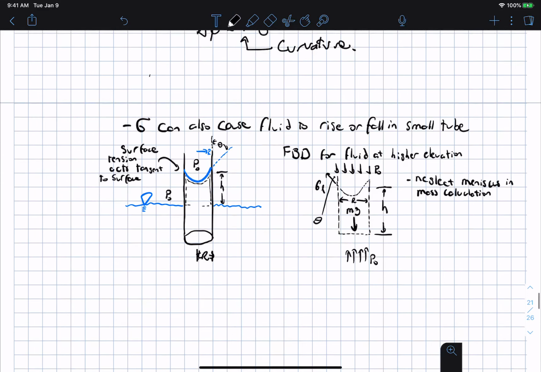Okay, and so we just apply static equilibrium again, and that's equal to 0 because it's not accelerating.